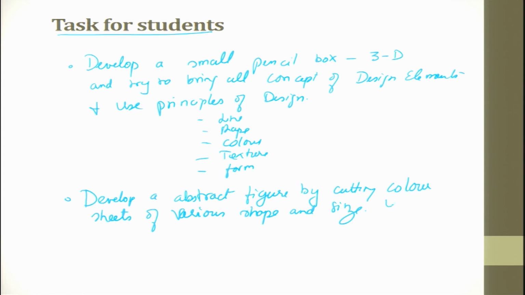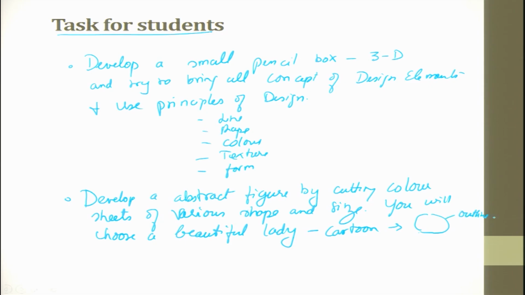So, you will choose a beautiful lady, okay, from a cartoon in which I have a sketch alone, outline alone, where the outline is given. Okay, you will pick a cartoon where the outline is given. Cartoon means outline given, and then it has to be a beautiful lady. From the cartoon you have to choose.